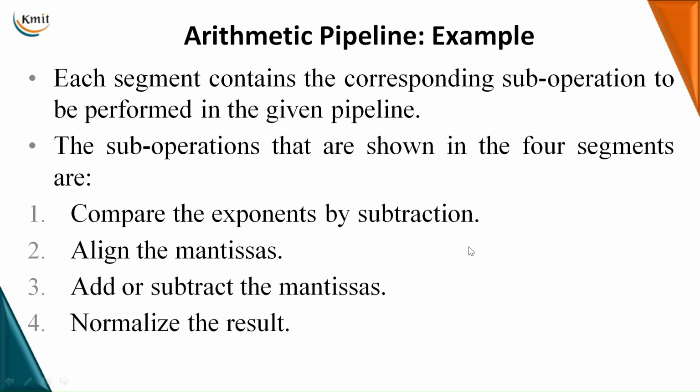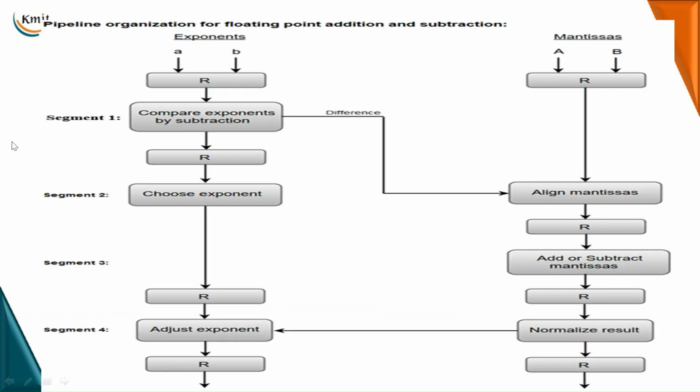Now we are going to implement the same concept in the form of an arithmetic pipeline. This arithmetic pipeline has four segments: segment 1, segment 2, segment 3, and segment 4. The output of one segment is given as an input to the next segment so that it completes the operation. In the first segment, you need to compare the exponents.